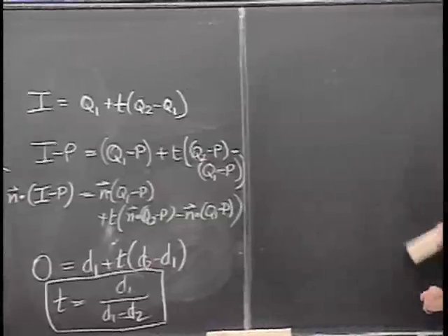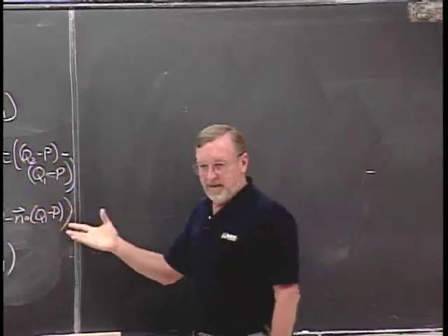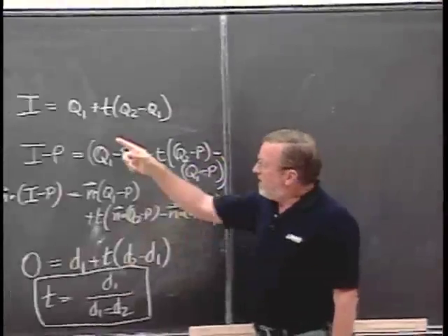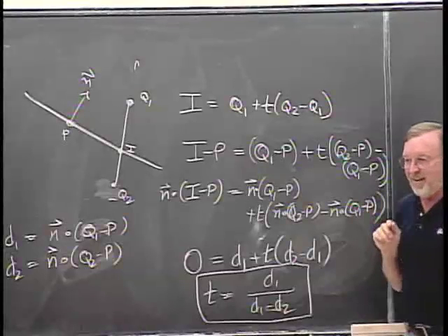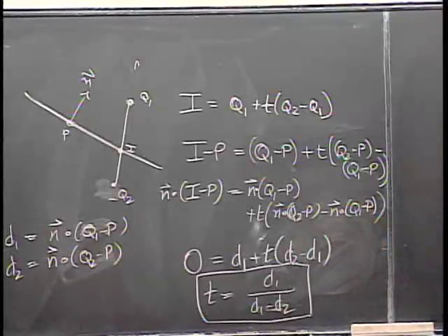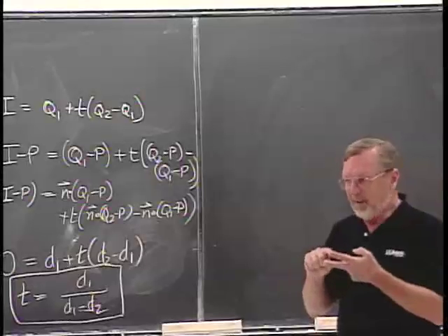So what can I do here? I can calculate T, and I can say the part from Q1 to I is in, and the part from I to Q2 is out. Now all of a sudden there become 4 cases, because I've got 2 points.